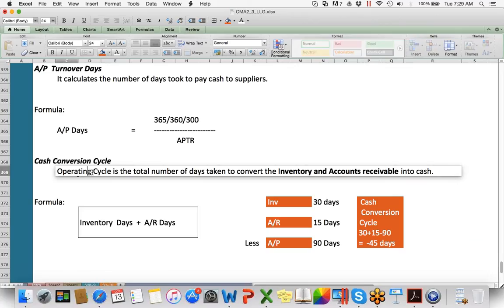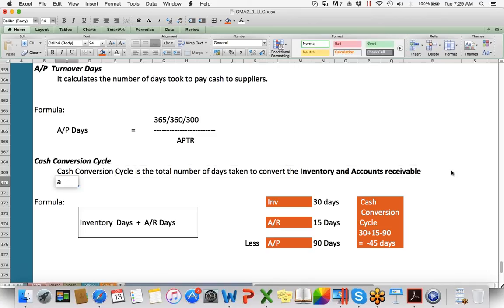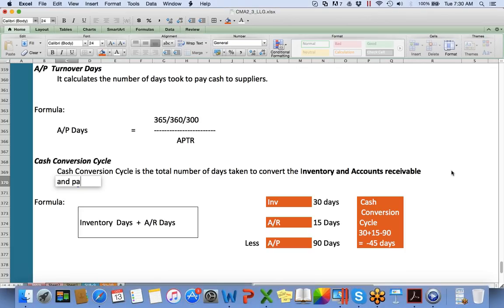Operating cycle. This is a cash conversion cycle. Cash conversion cycle is the total number of days taken to convert the inventory, receivable, and pay cash to suppliers.